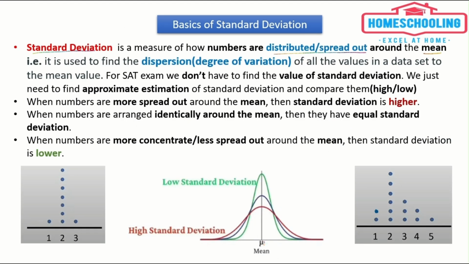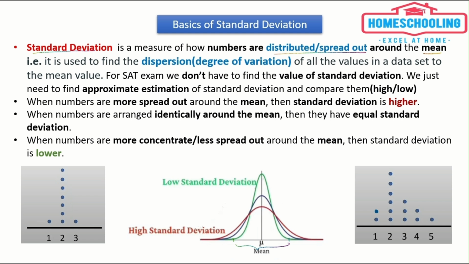So let's see the graph here. As we can see, this is our mean here. We need to see how the graph is spread out or distributed around the mean. If we see this green graph here, this is our mean, and from the mean, it is spread out from here to here. So this will be called our spread.